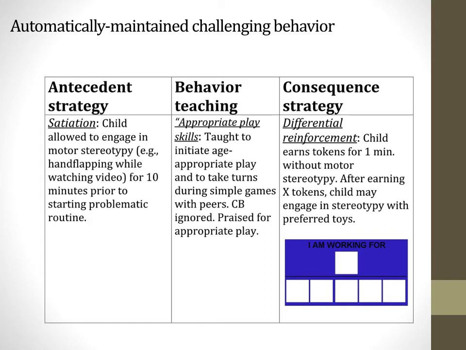You can gradually increase the time to get the token. So that's differential reinforcement. This is an example. You can refer to it when you develop your own BIP for your own student, but these are not absolute examples. You can develop your own based on the situation and contextual needs.